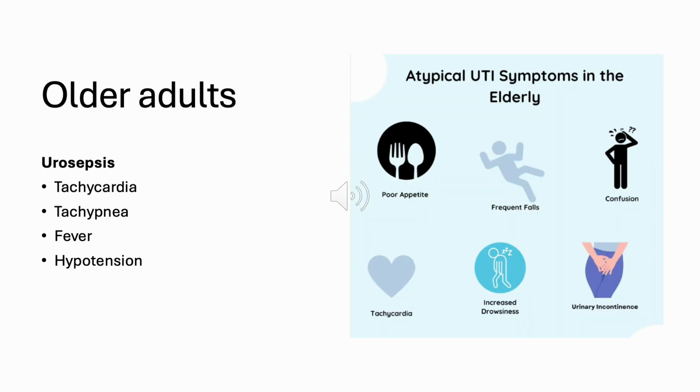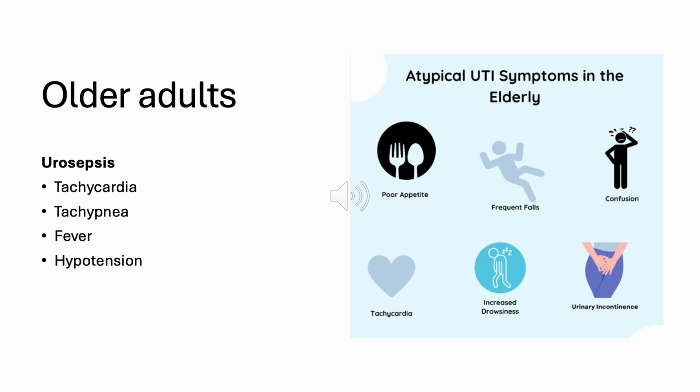Older adults are going to have atypical signs of a UTI, so keep that in mind. Oftentimes confusion is the first symptom. Transient incontinence could also mean they have a UTI. They could have frequent falls. They could be drowsy. They could have a poor appetite.